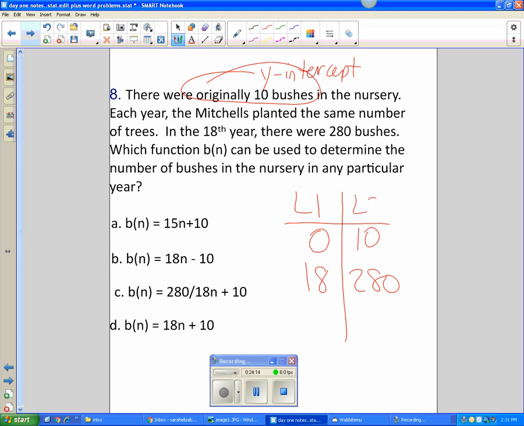Okay. All right, Gracie, what did you get for A in the calculator? Joey, what did you get for B? So Joey's at A, B, C, or D? Good job, Joey.